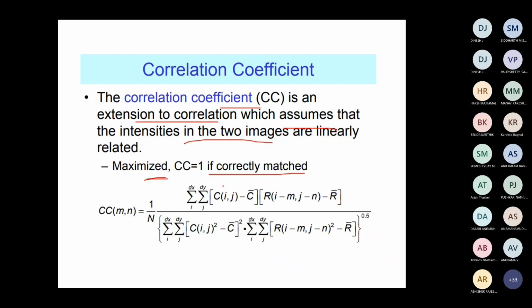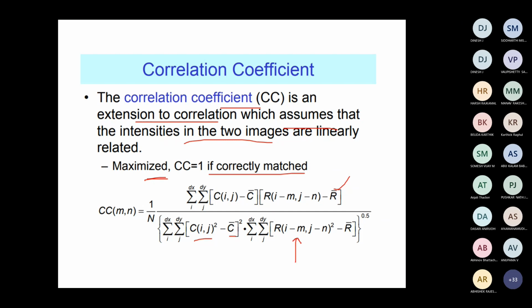So CC is nothing but C minus C bar, where C bar is the average, times R minus R bar. Then we sum it up. Here we take the squared differences: we compute C minus C bar, which is the average, take the square of the difference, and sum it up.